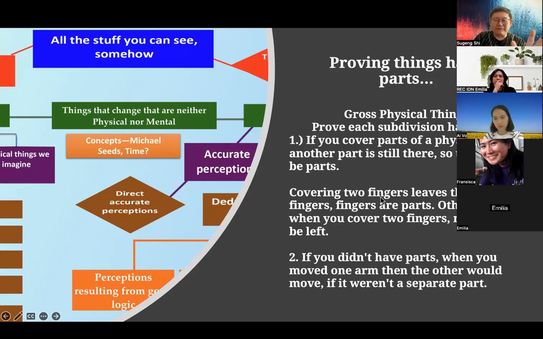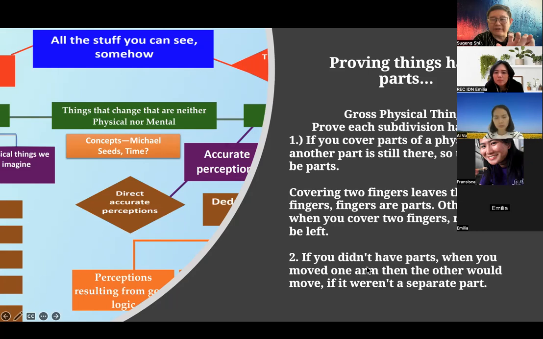If you cover 2 fingers, there are still 3 fingers. So we can say that our hand, the physical thing, has parts, because when you cover part of the hand, you can still see the other parts.